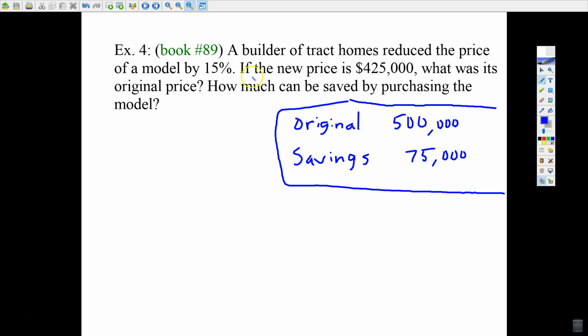Okay, so again, obviously you want to read through the information carefully, but the question that we're supposed to answer is, what is the home's original price? So that needs to be the variable. We're defining a variable that will answer the ultimate question.